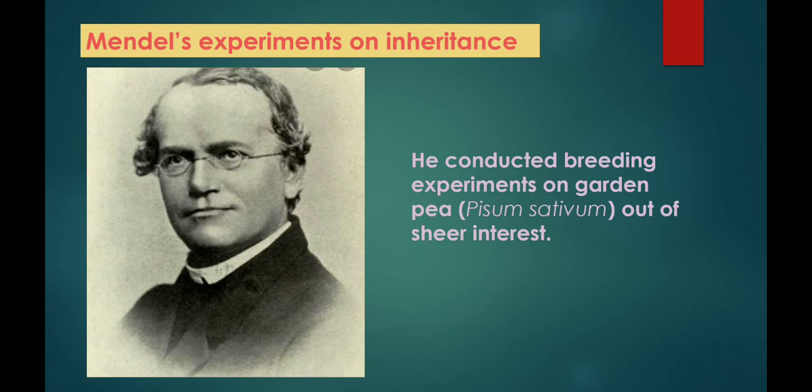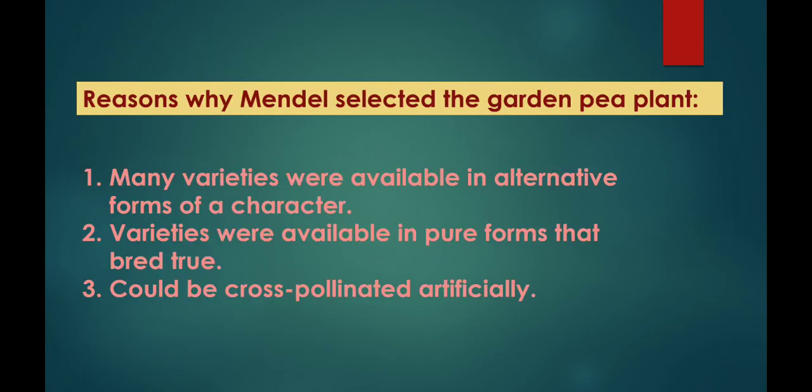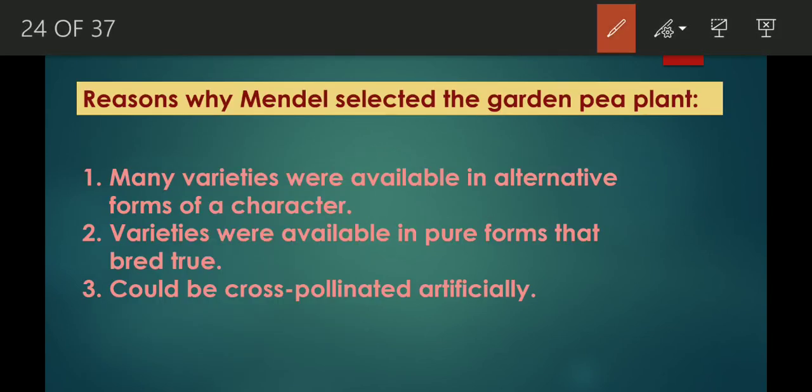Now, why did Mendel select the garden pea for his experiments? There are three reasons. First is, many varieties are available, that too in alternative forms of a character. And these varieties are available in pure forms. That means these plants produce the same type of plants generation after generation. And these plants are normally self-pollinated.